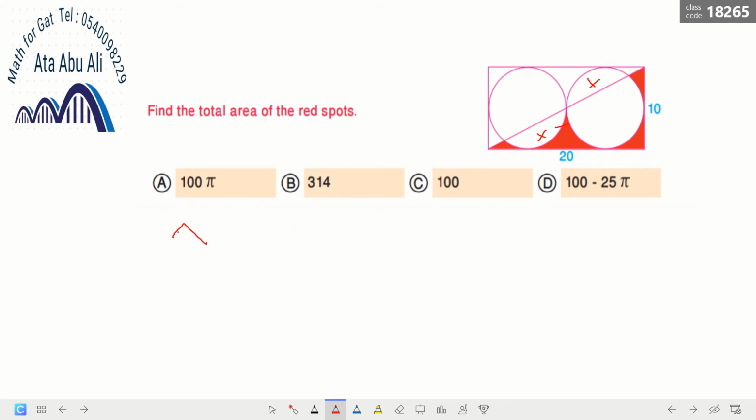It is equal to base times height divided by 2. As we know here, the base is equal to 20 times height, which is 10, divided by 2. So that's equal to 200 divided by 2, which is 100.